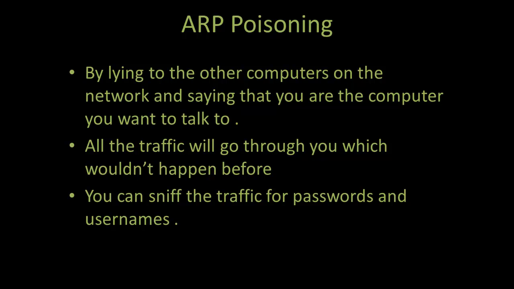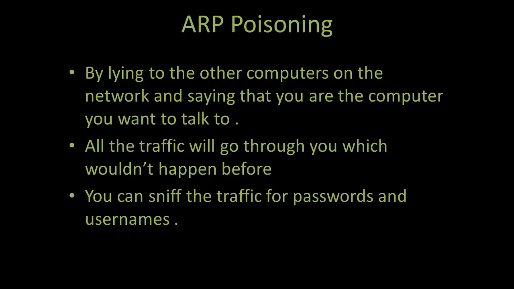So what ARP poisoning really is, for example, if computer A wants to send a packet to computer B, the attacker sits in between them, and when computer A sends an ARP request, the attacker sends an ARP reply with its MAC address.